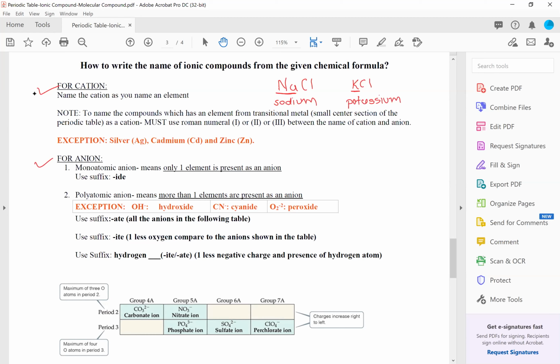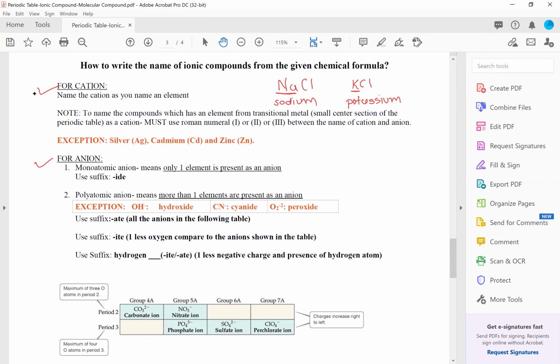In those cases where the cation, or I would say the metal element, can possibly carry more than one charge, along with the name of the element, we are going to write a Roman numeral in parentheses. The purpose of using the Roman numeral is to explain what actual charge this metal element or the cation is carrying in that particular formula.